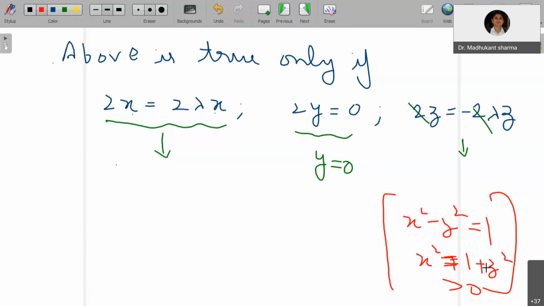So x is not 0. It's very easy to recognize that.